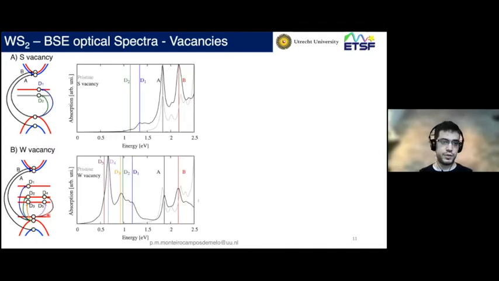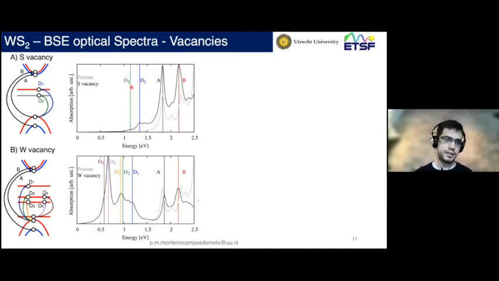And do we see it? Well, this is the optical spectra that we get for both vacancies. And there are two things that I need to remark. First is that we recovered A and B excitons almost at the same energy, but new features appear thanks to the vacancies that distinguish the defected system from the pristine one, since these optical signatures don't exist, but they also distinguish the two vacancies from themselves.